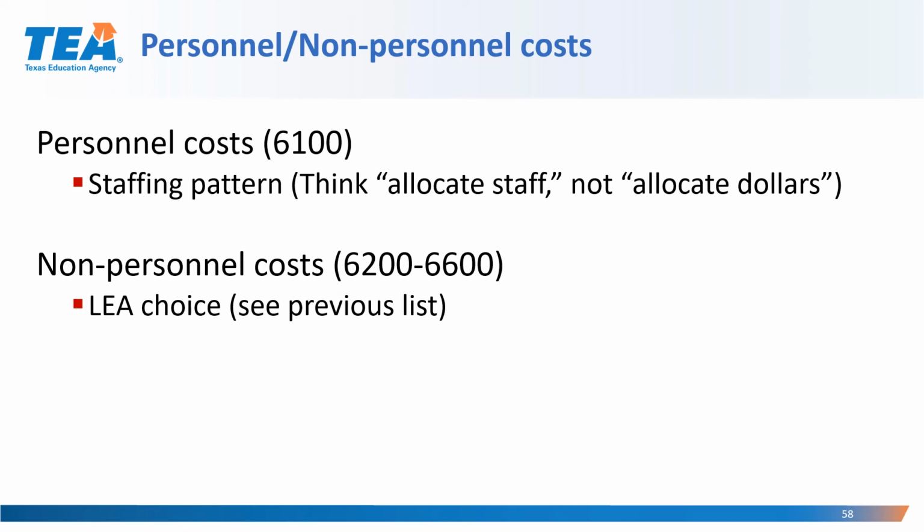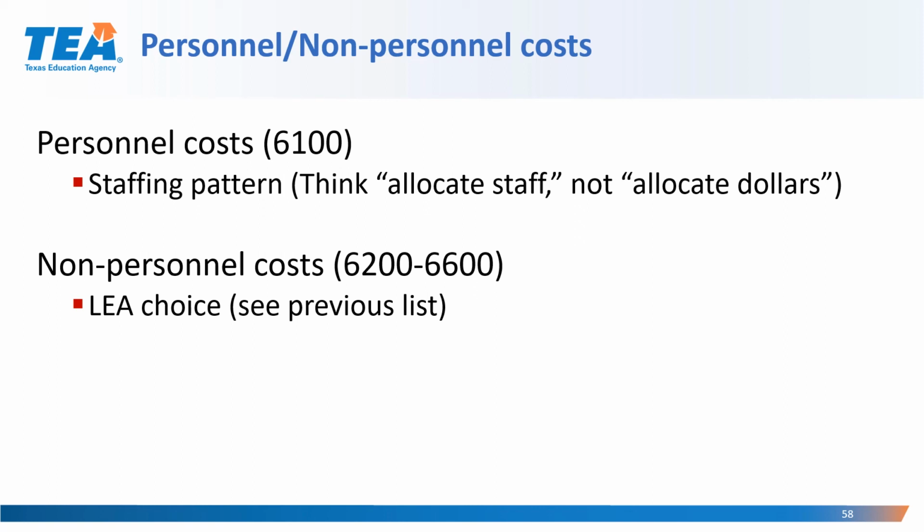Non-personnel costs, 6200 to 6600, the LEA could use any of the previous choices based on per pupil amounts, weighted per pupil amounts, or some other combination that the LEA chooses.